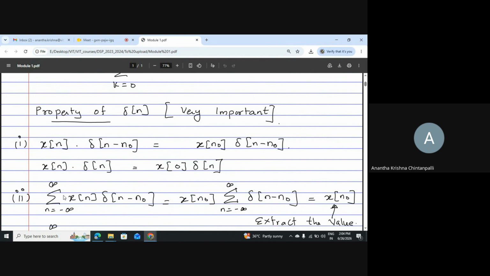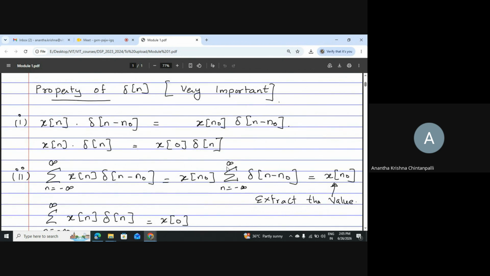So x of 2 has a value, and afterwards, for other values of n, the values are 0. Now, if you put n naught equal to 0 here, this becomes x of n delta of n, which is nothing but x of 0 delta of n. Now, how do I extract the value, meaning x of 2? Because it's still in the plot, x of 2, the value is there. For other values of n, the values are 0.